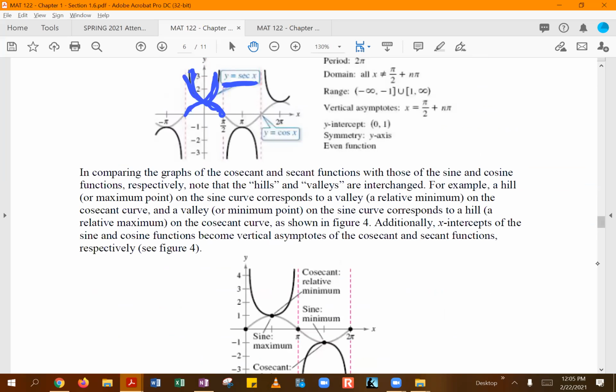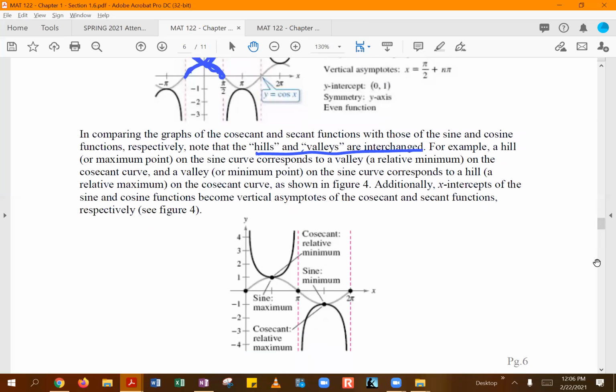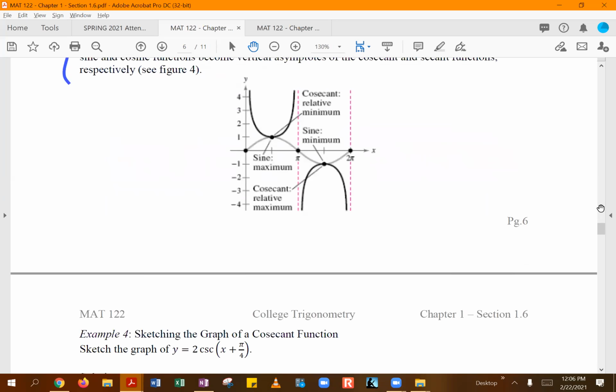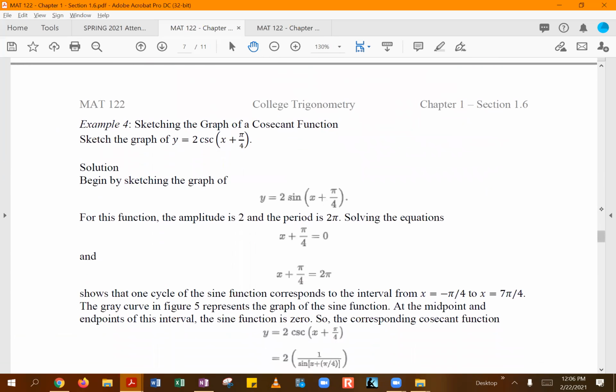So they're talking about how those hills and valleys will be interchanged between the original function and the reciprocal function. It's really interesting how you go about graphing the secant and cosecant functions. You can read through that paragraph a little bit to help you out. So let's take a look at an example for this.